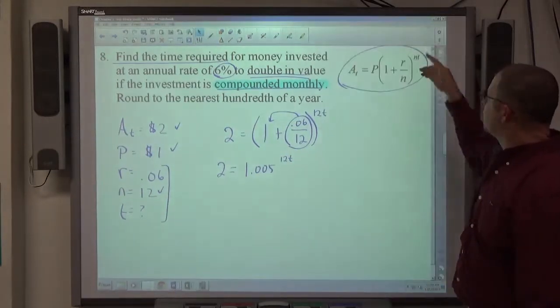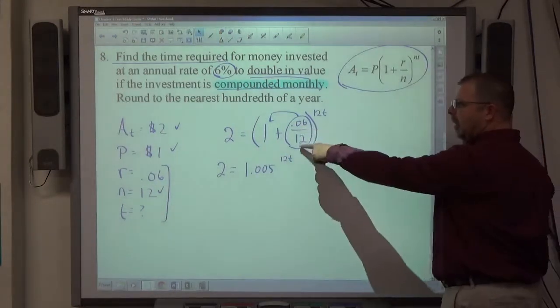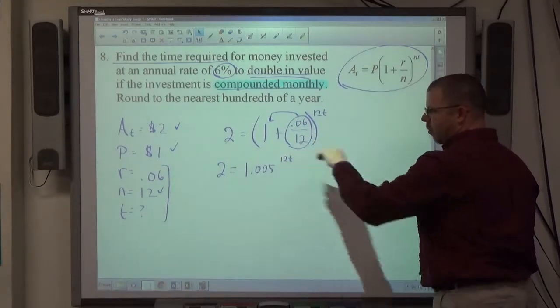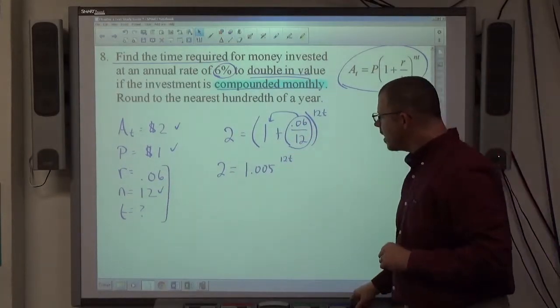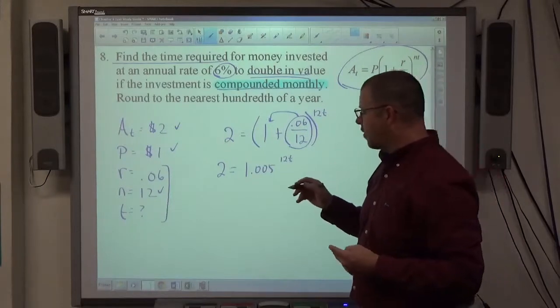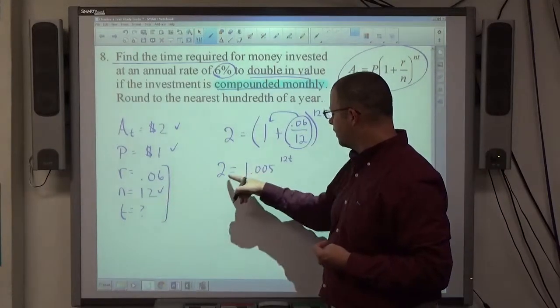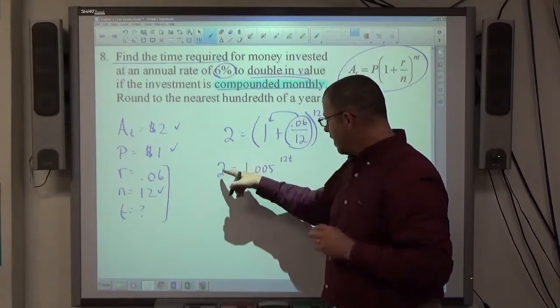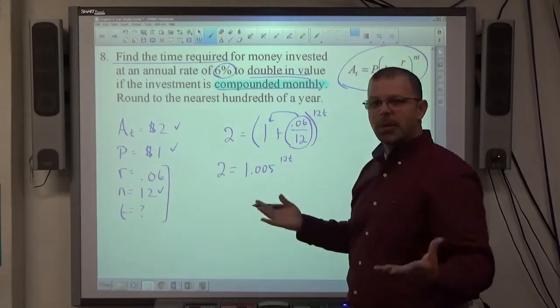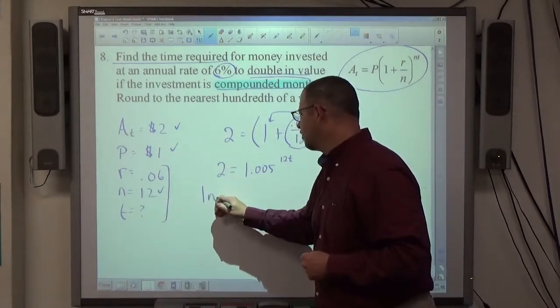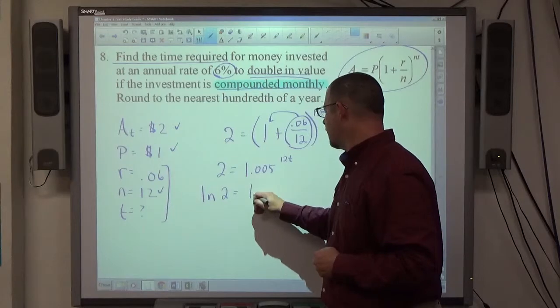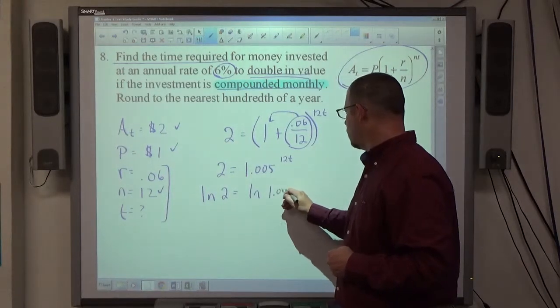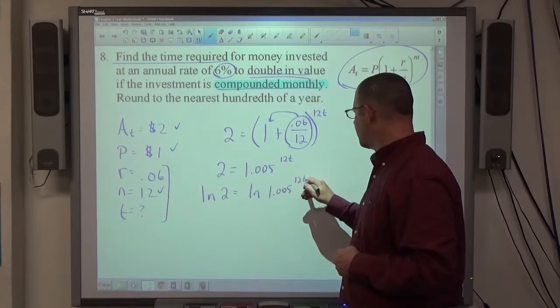I will say this, whatever I do, that'll be a nice and pretty division there. So it should work like this does. At this point, I'm at the same place I've been a lot of times when I get these exponential functions. This base doesn't match that base, there's no way to make them match, so I'm just going to log both sides. So ln2 equals ln of 1.005 to the 12t power.